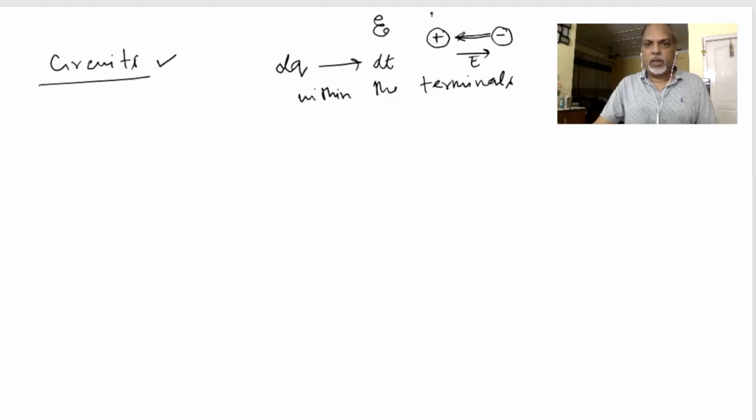Suppose the EMF between these two terminals is E. Actually, EMF is denoted with this sign. Then this EMF is nothing but dW upon dq, sorry, not dt. It is the work done per unit charge.